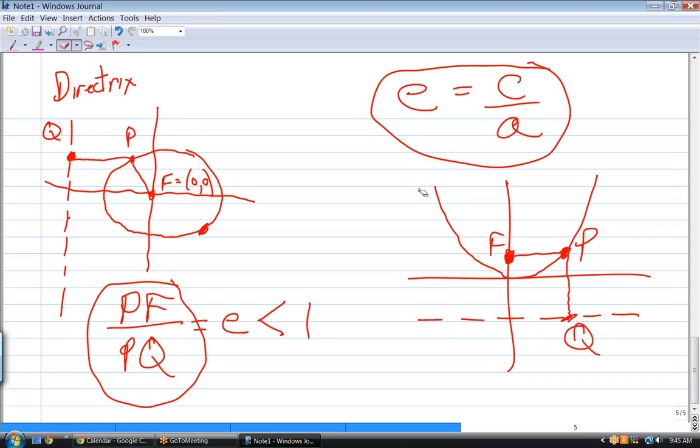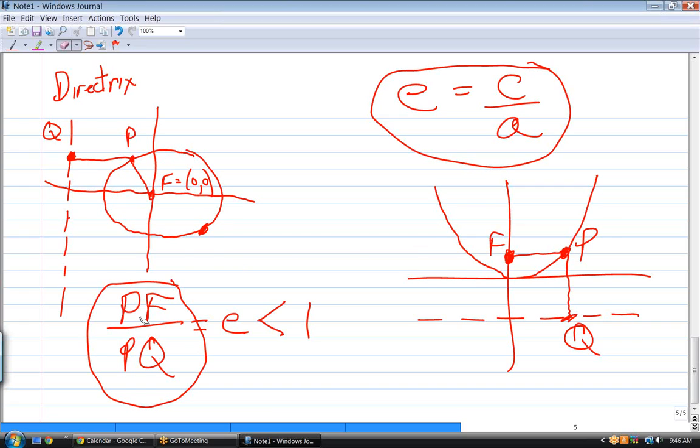You wouldn't be able to define something as being a parabola without this definition. Okay. Well, apparently, there's another definition for an ellipse, other than a locus of points whose sum of distances to the two focuses is constant.